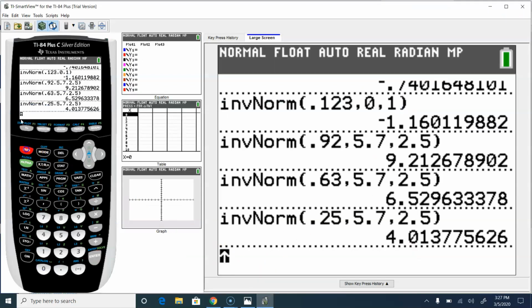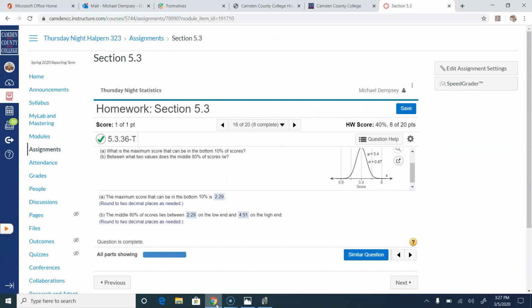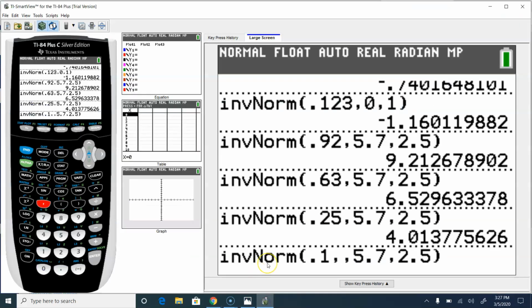So the first one, pretty easy. Second one's going to require a couple of steps for us. But bottom 10% is the 10th percentile. So I can just change that 0.25 to 0.1. Then I need a comma, and then I need to double check that mean and standard deviation. 3.4, comma, 0.87, and we can delete the rest of this.